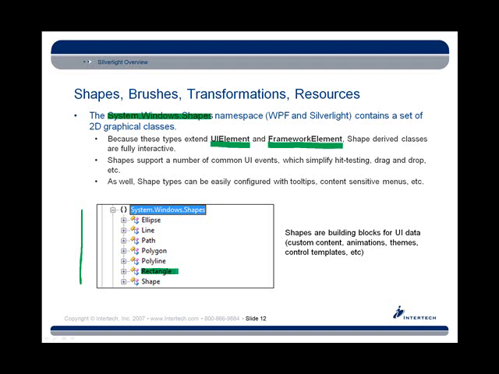So in the world of WPF and Silverlight, if you want to go ahead and capture when a mouse is inside of your geometry, all you got to do is handle the mouse enter event. You don't have to calculate any kind of coordinates. You don't have to do any kind of hard coding to figure out where is the mouse cursor. Is it inside of the area that I've defined?